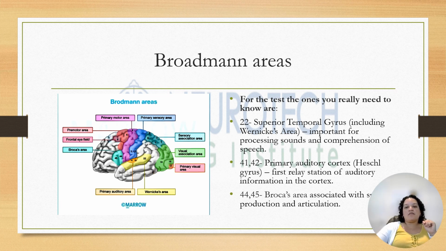So I don't know if this is going to help you memorize it, but I'm just going to tell you. Area 22, if I can see well, is in the superior temporal gyrus, and this includes the Wernicke's area. So it's important for processing sounds and comprehension of speech.